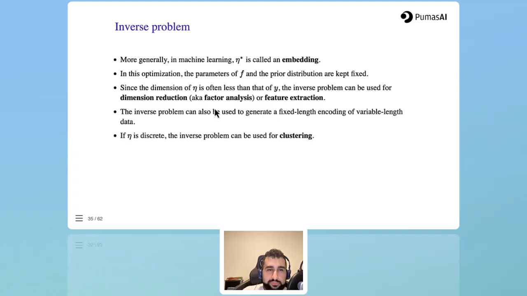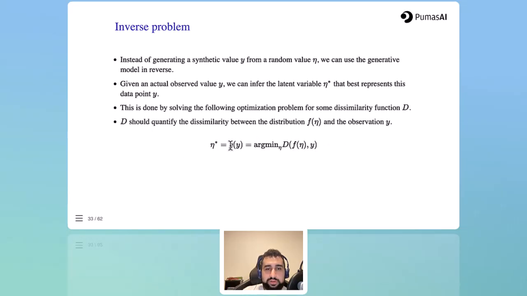Another popular use for this, for the inverse problem, is that we can generate a fixed length encoding. So you can think of this as an encoder, and that's actually another name for it. This whole function is basically encoding this y into some fixed length vector. Because y, as we said, the data that we usually work with is heterogeneous, and so some images might be bigger than others, have more pixels than others.